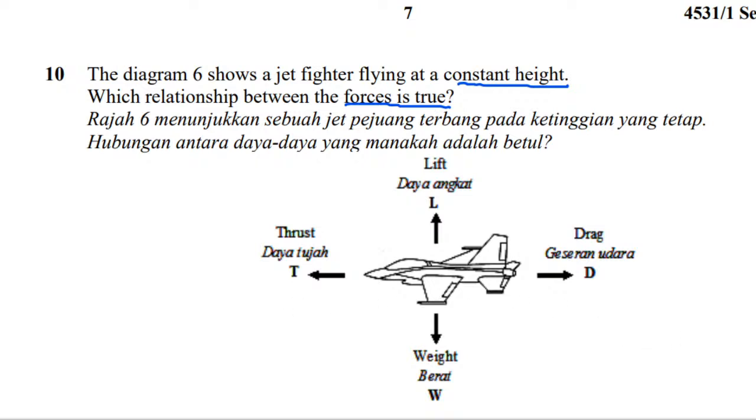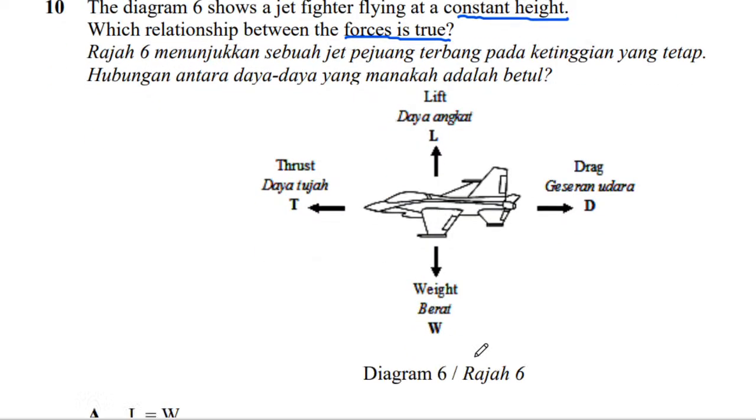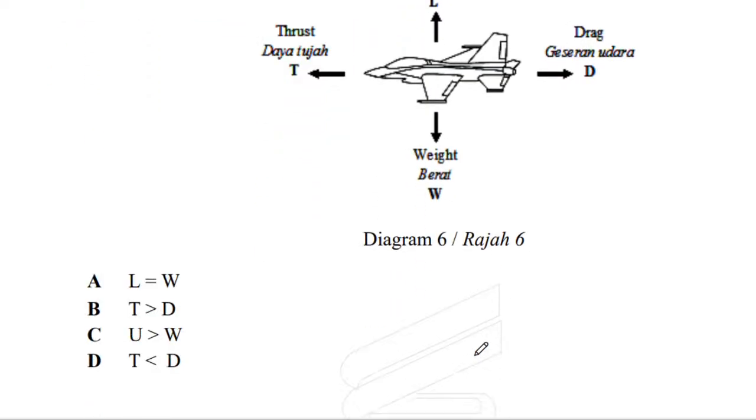So if constant height means, can L more than W? No, right? Constant height will be force upward will be equal to force downward. Okay, so the answer is A.